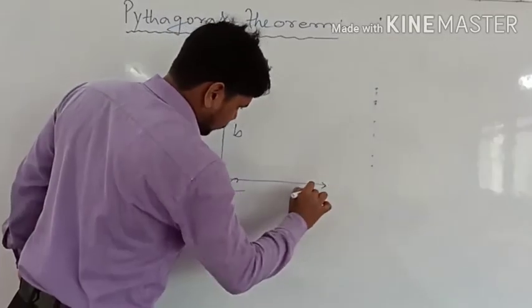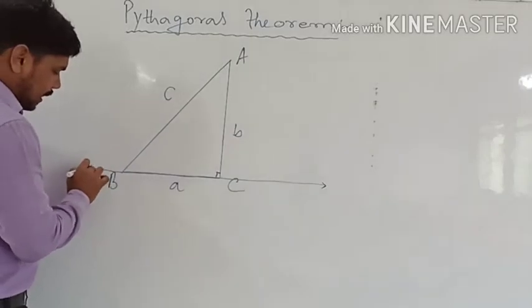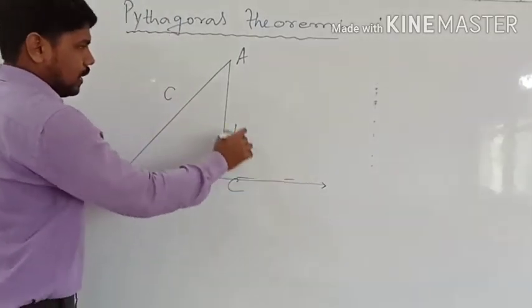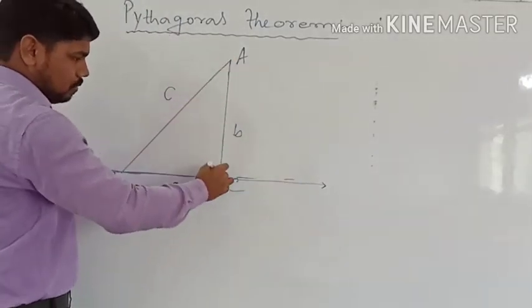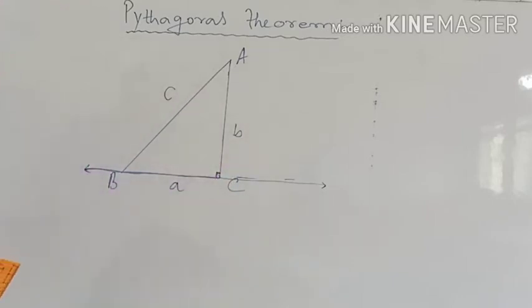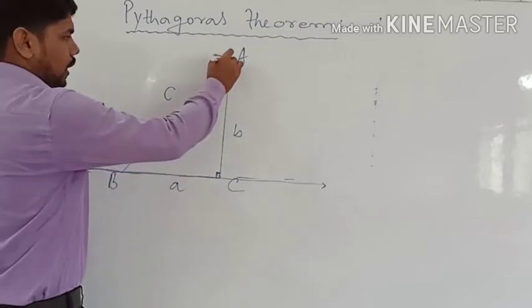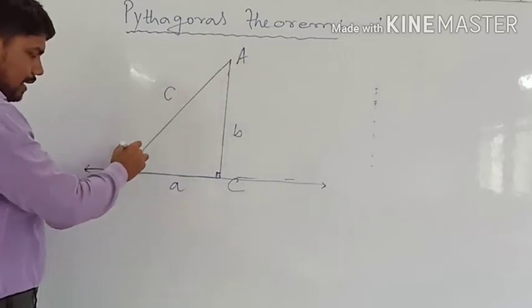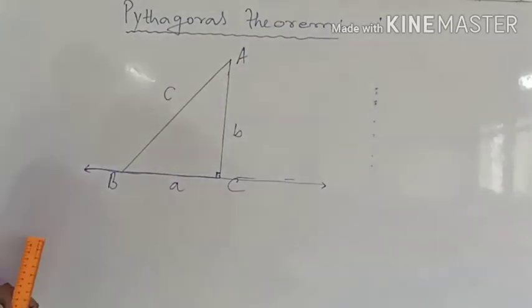In that line we have drawn one perpendicular, 90 degrees. And again we have drawn one line here, one hypotenuse, to meet with B.